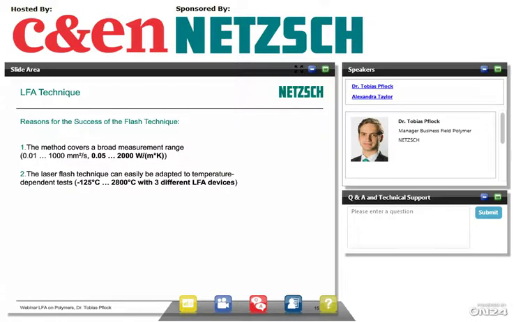The laser flash technique can easily be adapted to temperature-dependent tests. Here, we have devices at NETZSCH that can do tests up to 2,800 degrees. This is very special, and that's not so interesting for today, because there's no polymer that I know that lives until 2,800 degrees.